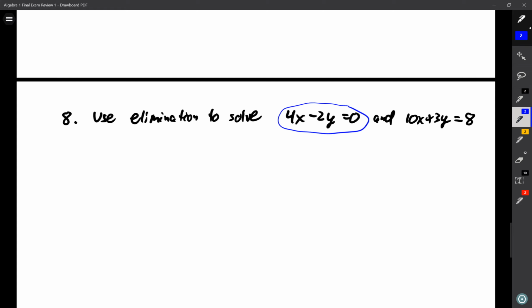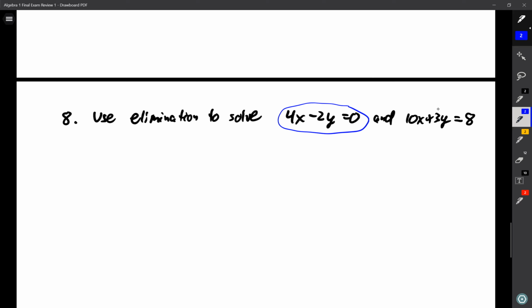It would be nice if, instead of a plus 3y, this was like a plus 6y. Because then I could just multiply this first equation by 3, and my negative 2y would become a negative 6y, which now would match the 6y that I have here, and I'd be set up to eliminate y's.